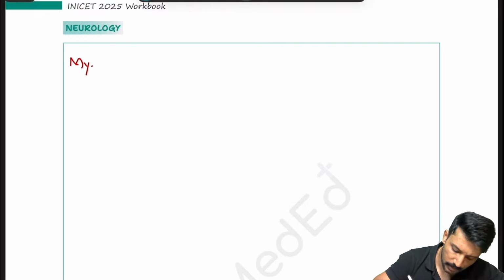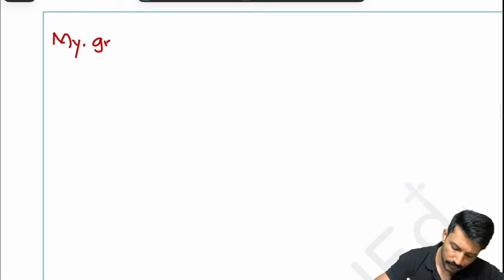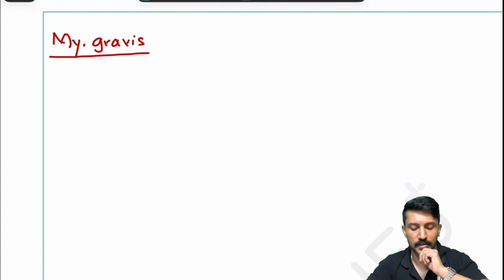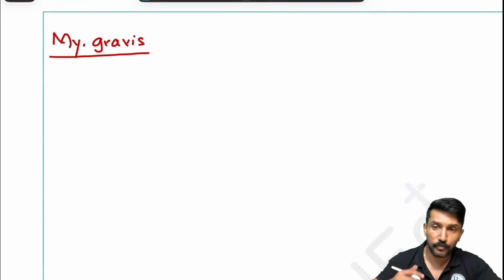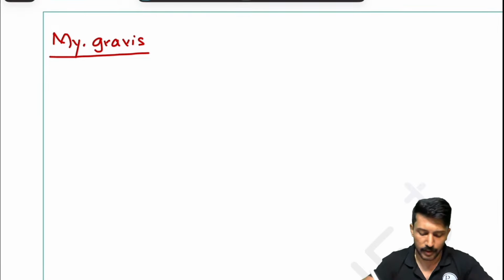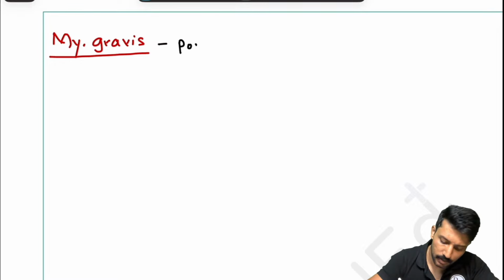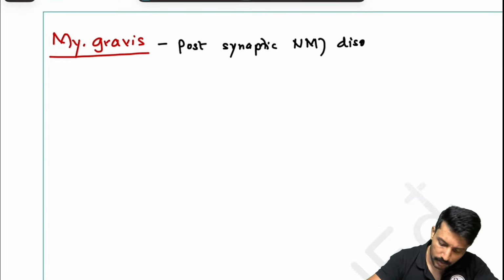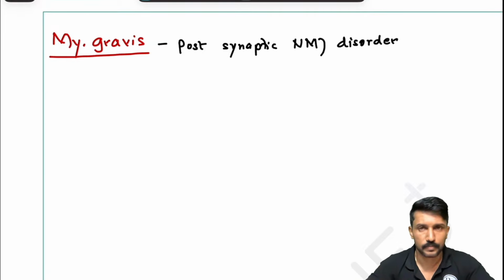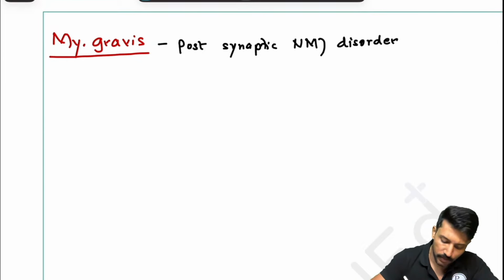What is myasthenia gravis? Myasthenia gravis is a neuromuscular junction disorder. What type of neuromuscular junction disorder? It's a postsynaptic neuromuscular junction disorder. It is an autoimmune disorder, so we have antibodies.